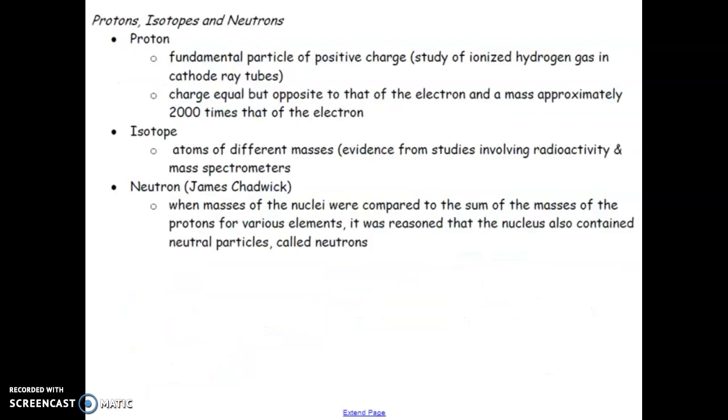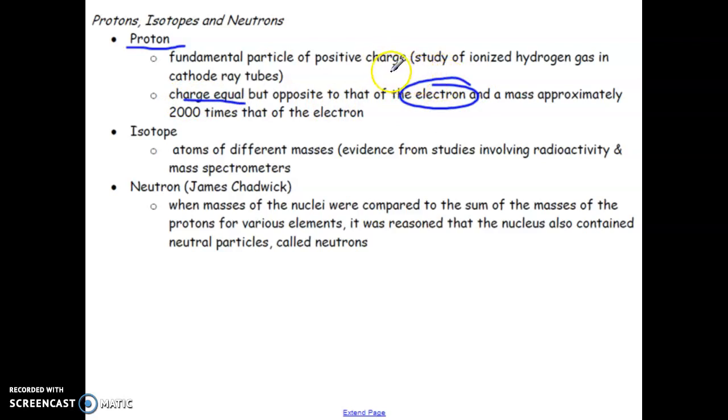So just quickly to go over some terminology. Of course we know protons is the term for our positive charges in the center of the atom. In terms of charge comparison to each other, the charge is equal but opposite of an electron, right?